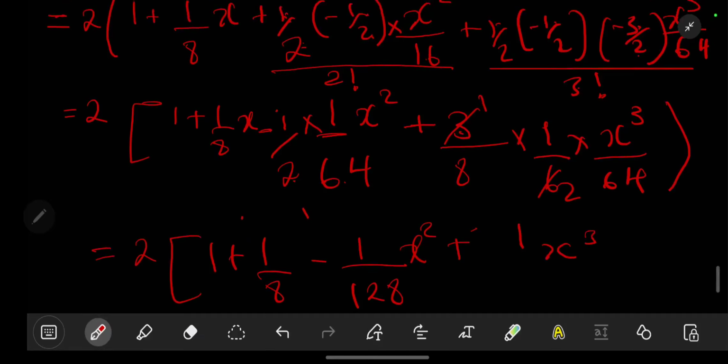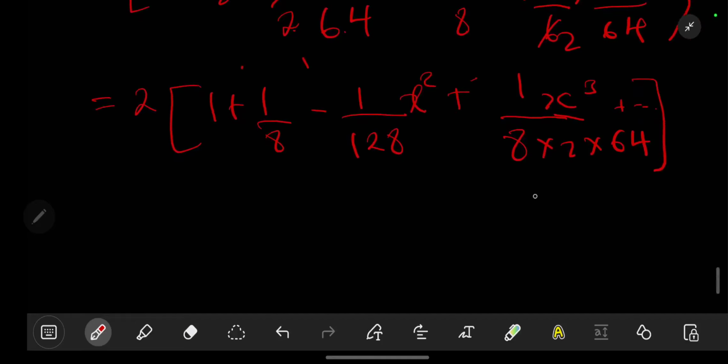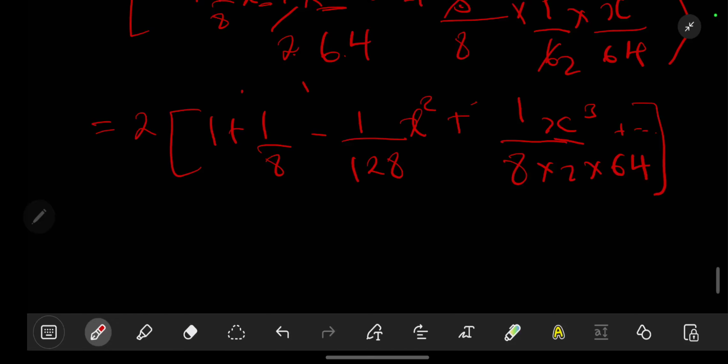If you want, you can just put x to the power 3 over 8 times 2 times 64.